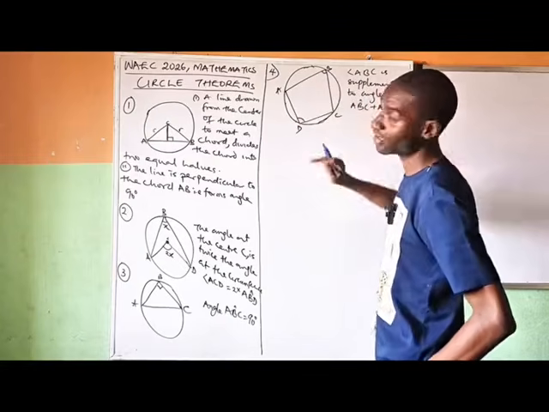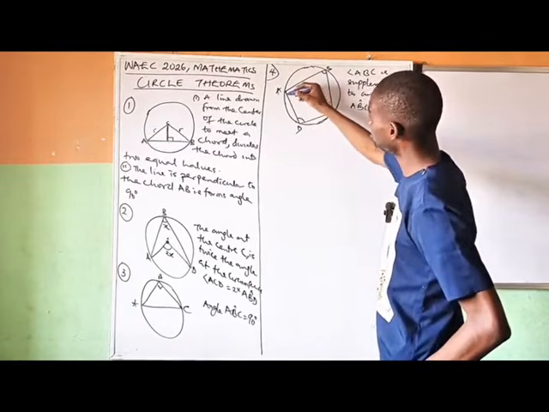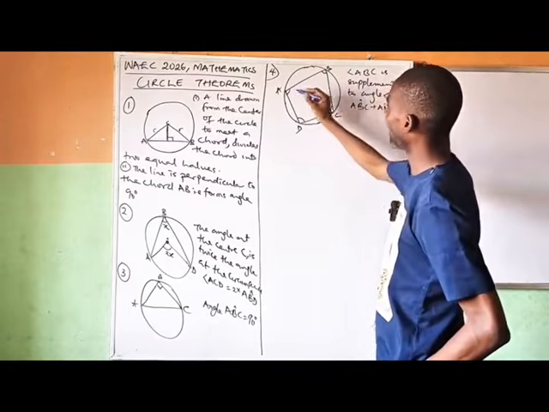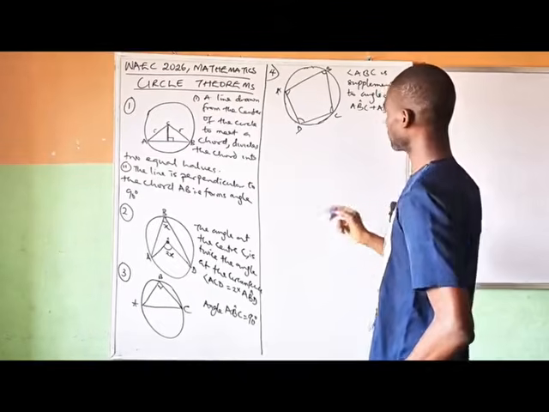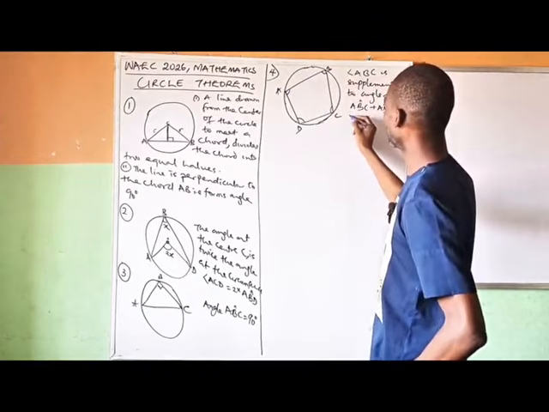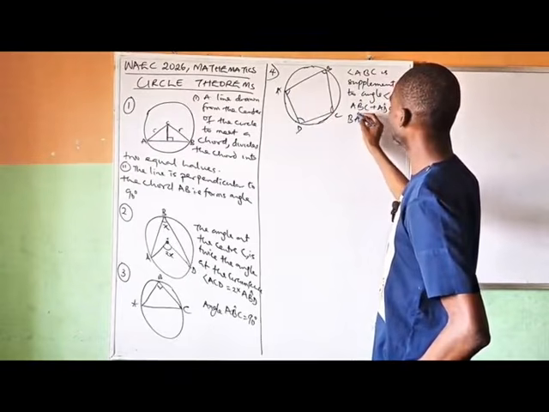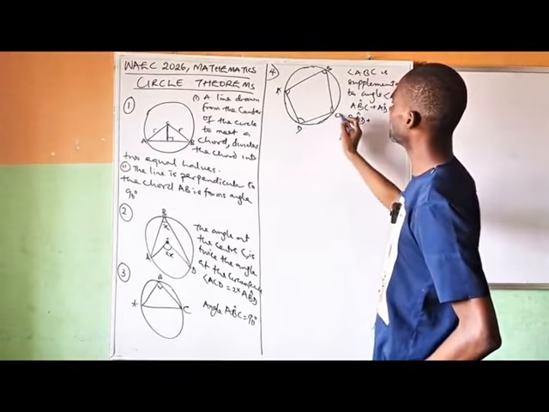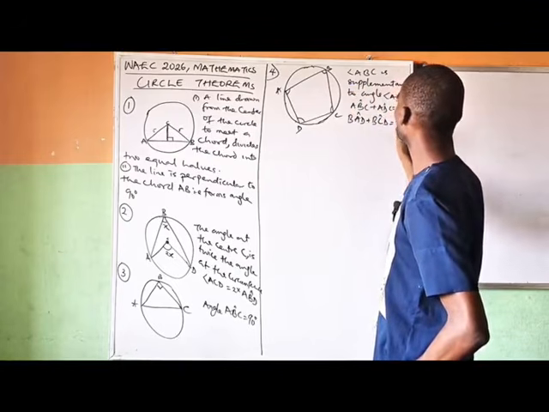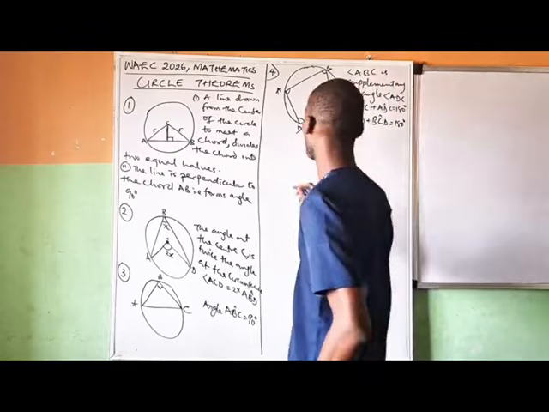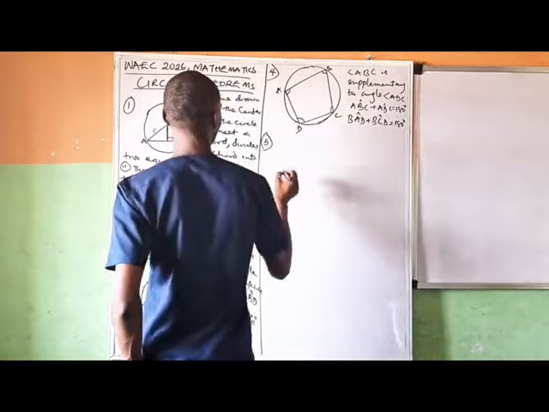So if I add this to be 80 degrees, then also same here and here, if I add the two together, it will be 180 degrees. So my angle BAD plus angle BCD is 180 degrees.